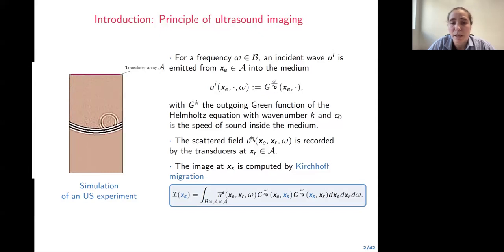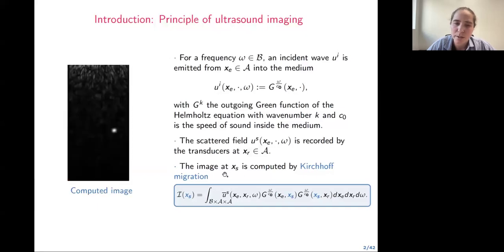Our measurements are the scattered field US recorded on the transducer XR, also on the same array. The image is computed by backpropagating those measurements US with the Green function G. This is called Kirchhoff migration. And so you get the following image.